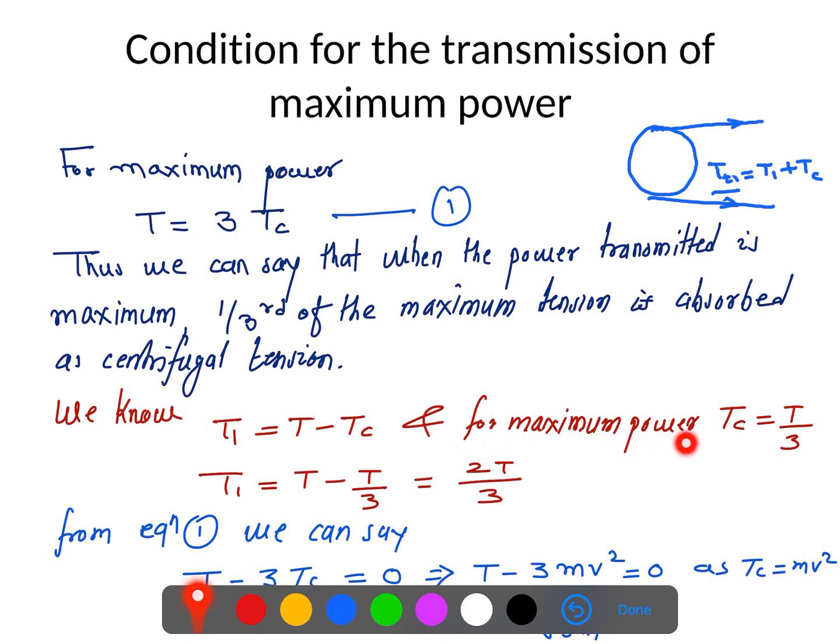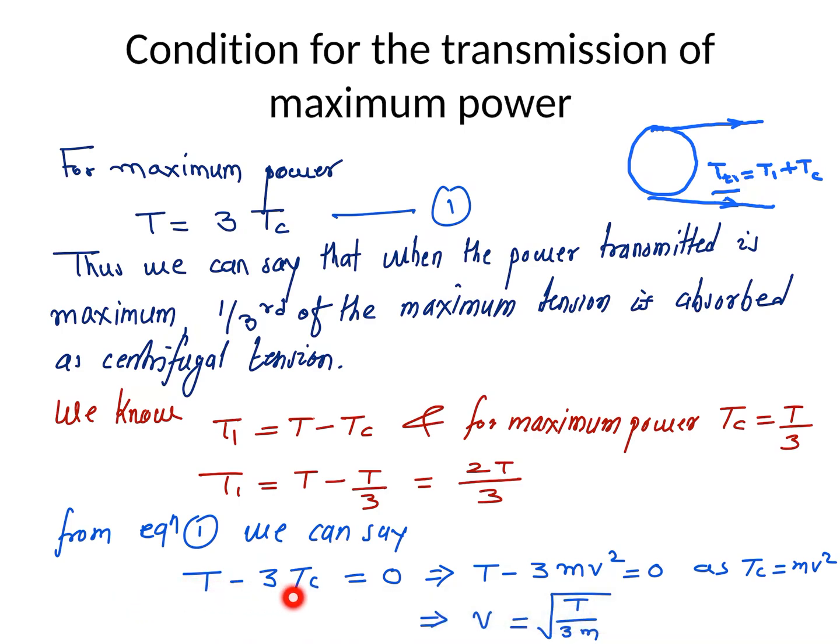So for maximum power, Tc is equal to T by 3. Putting these values in this equation, T1 is equal to T minus T by 3 is equal to 2T by 3. From equation 1 we can say that T minus 3Tc is equal to 0.